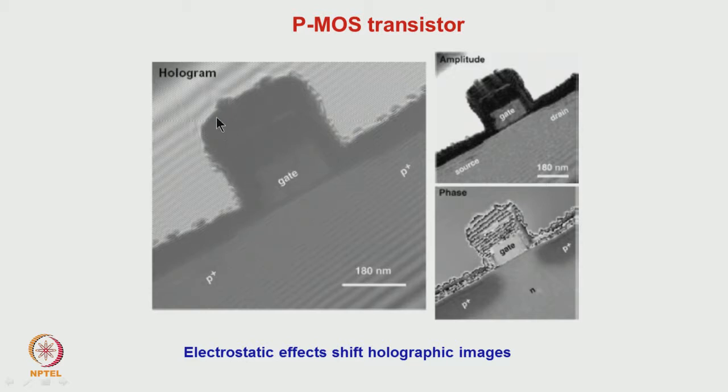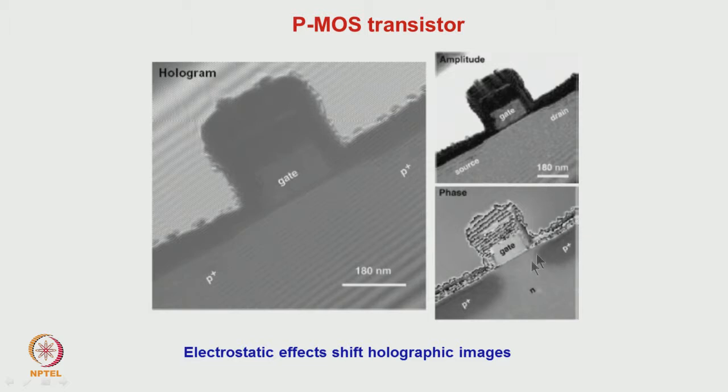So, here if you see, this is the P plus region, this is the gate. And in this image, as I mentioned, we can get information about the amplitude, that is, about the mass and the elements which are present. And this is the phase information also.